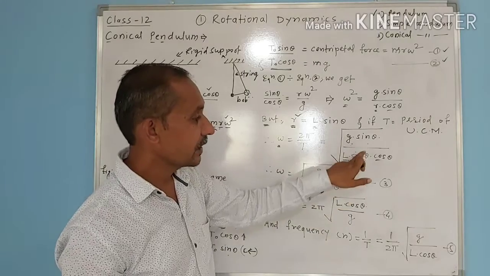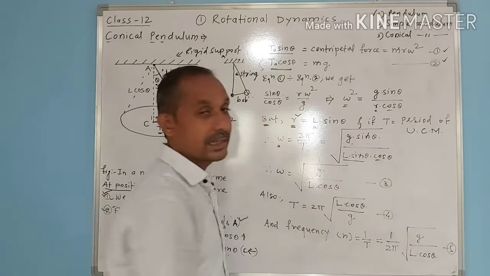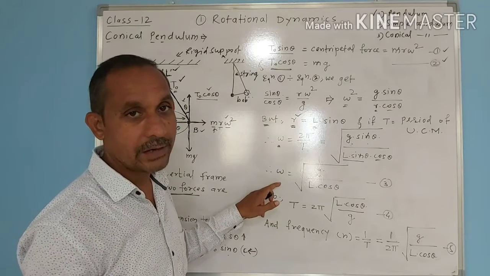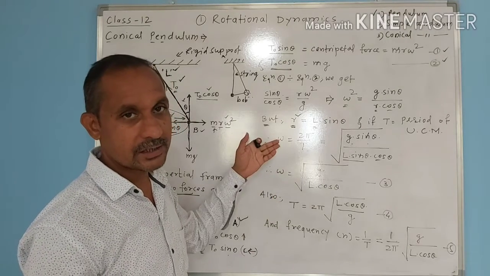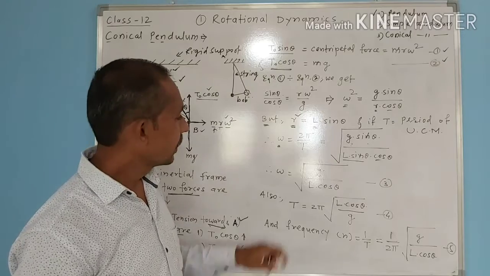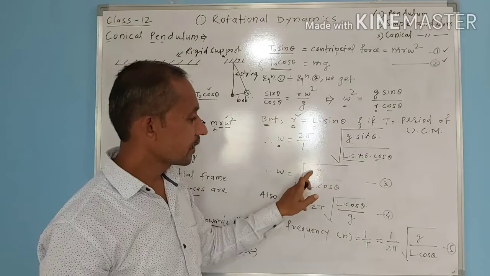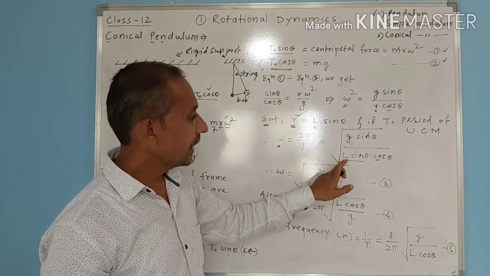So sin theta will get cancelled. The remaining factors we can write in the next line. Omega is equal to the square root of g upon L cos theta.